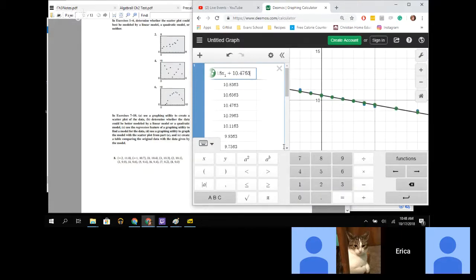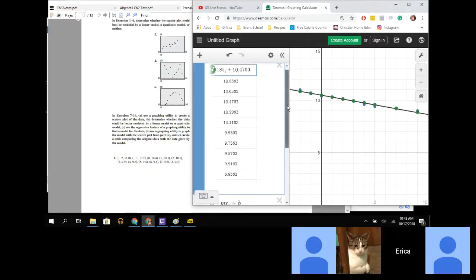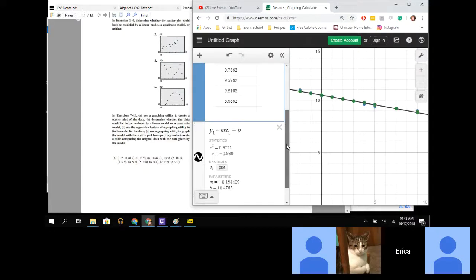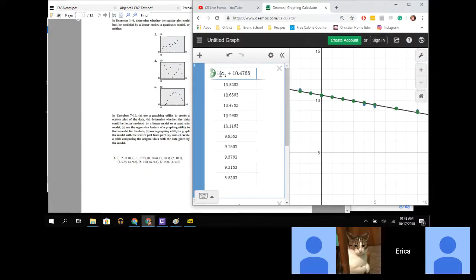So what I'm doing right now is adding a second column to my table, and that's going to let me compare what my regression is with what my actual data is. There we go. Let me make this a little bigger.